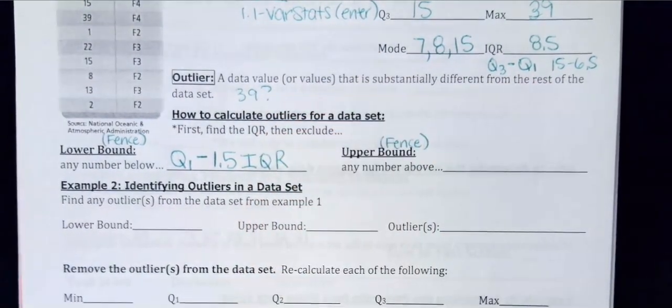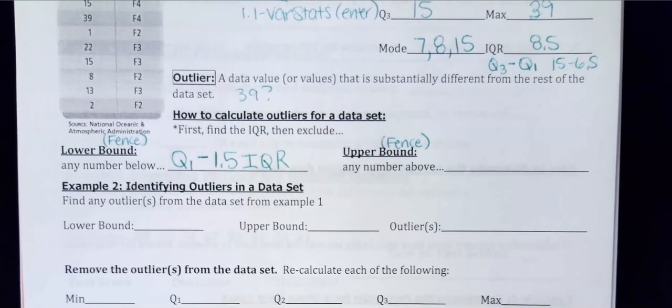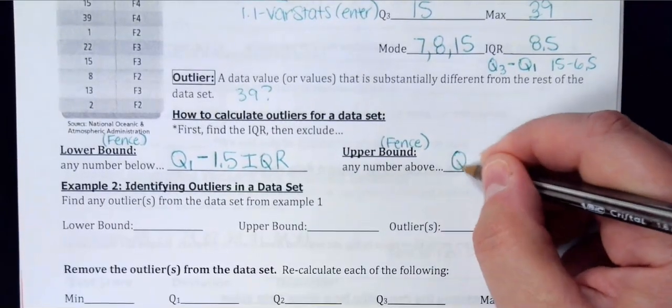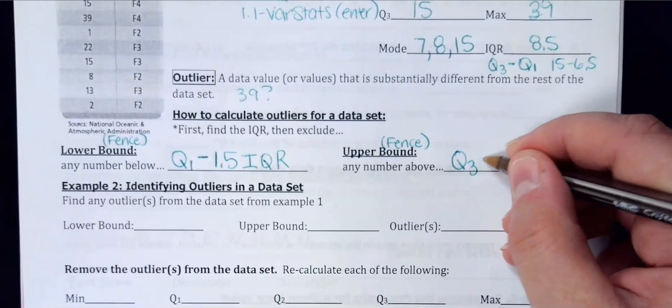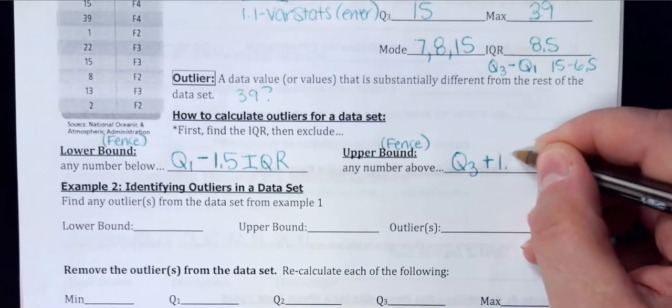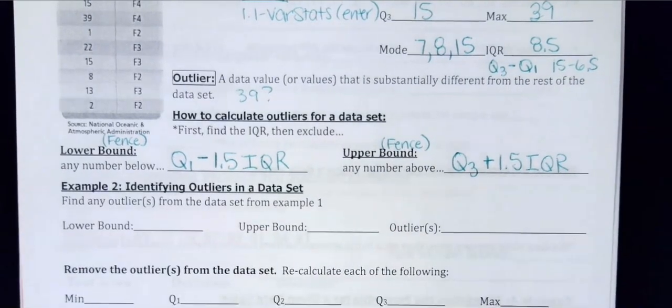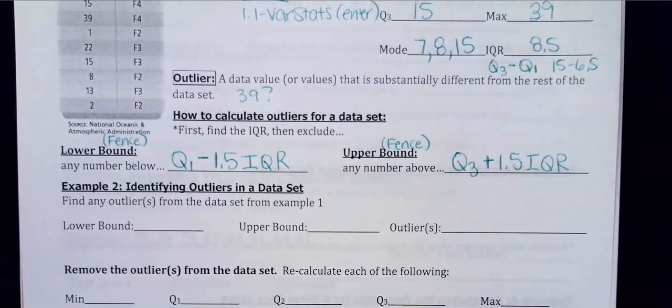Any number in your data set that would be below that value, we would exclude. And on the upper end, it's the third quartile plus 1.5 times the interquartile range. Any number above that value is going to be an outlier, and we would want to exclude that from our data set, which we're going to do here in a second.